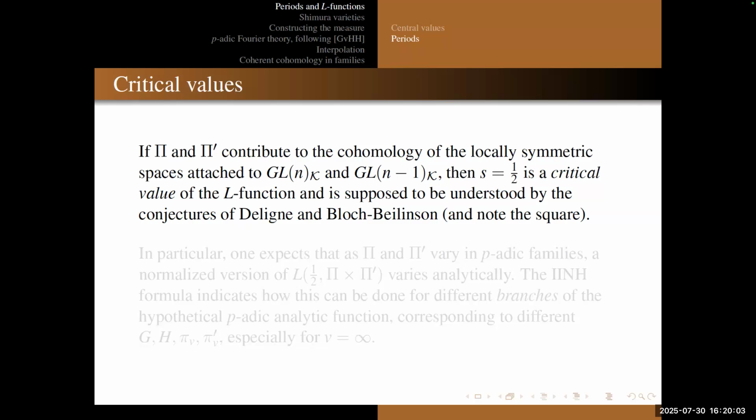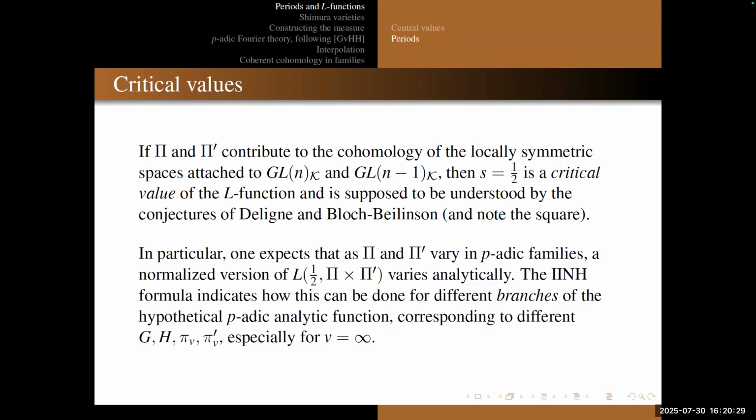And because it's the central value, just as the central value of the L function of an elliptic curve, by the Birch-Swinnerton-Dyer conjecture, when normalized by a period, is essentially a square, the same thing happens in complete generality for the central values. This is somehow a universal property that was observed in the Gan-Gross-Prasad conjecture, the Ichino-Ikeda conjecture.